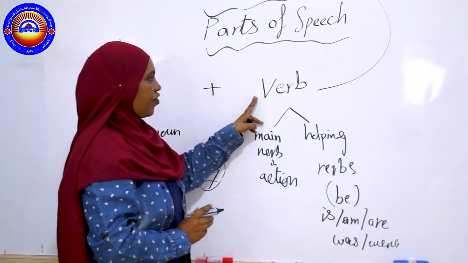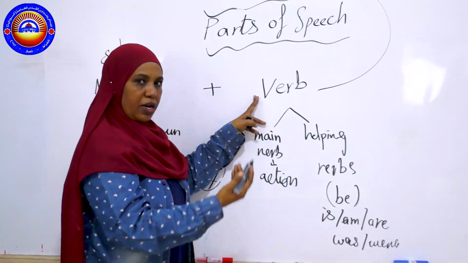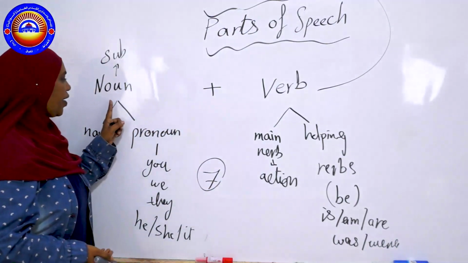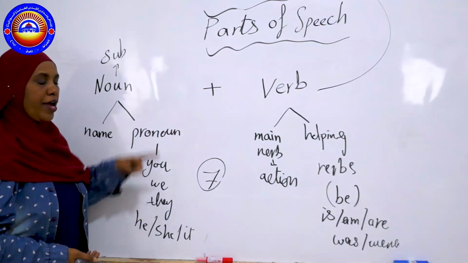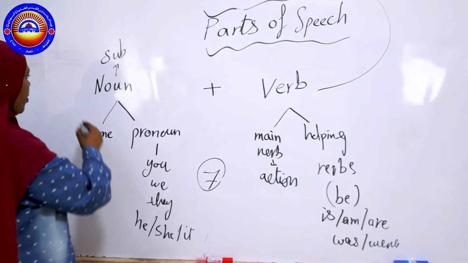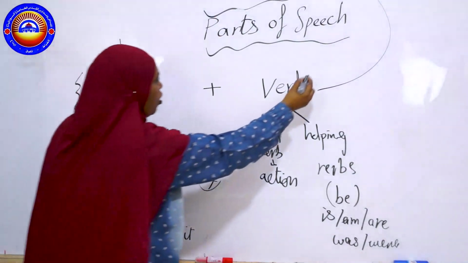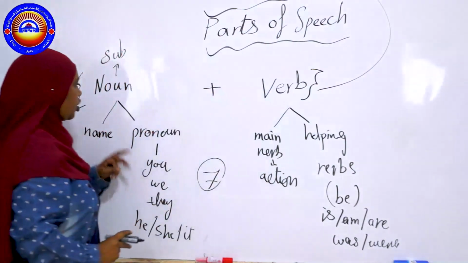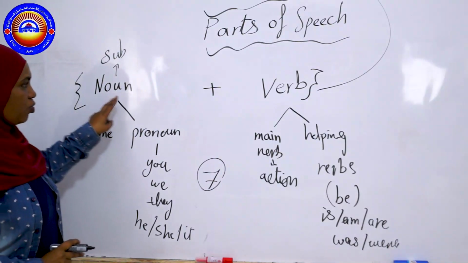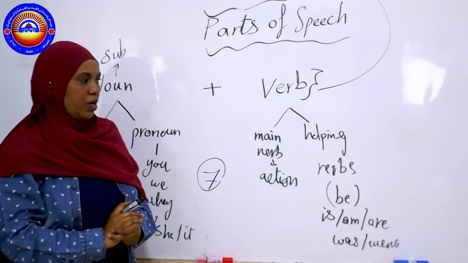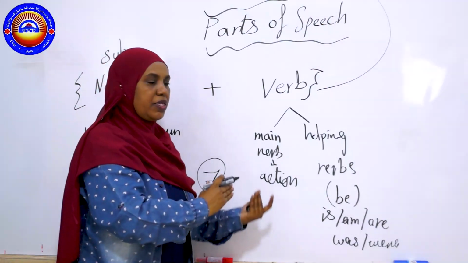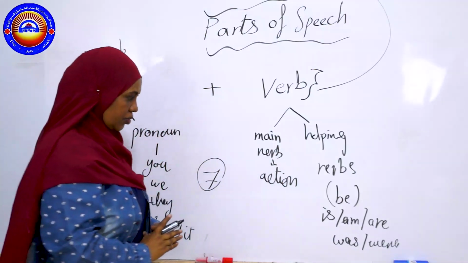So I need the verb to tell the time of the action that happened, and I need the noun to tell who did or does the verb. So all my job and all my work in the grammar rules is going to be between these two parts of speech, the noun and the verb. So this is the importance of having an idea about dealing with these things.